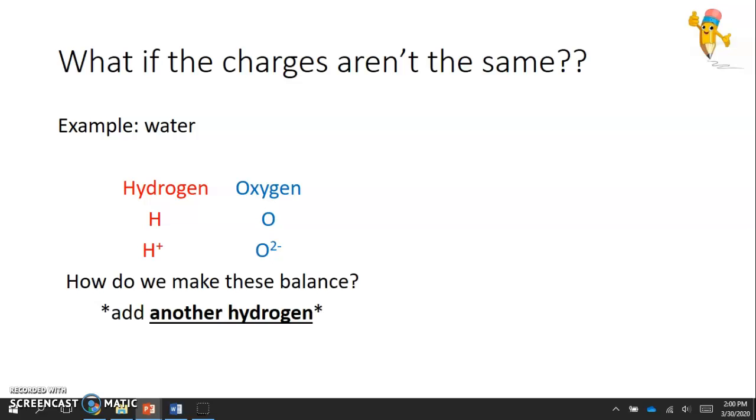So how do we balance them? We have to add another hydrogen, okay? Because 2 hydrogens that are both donating an electron would be 2+, okay? So if we've got 2 hydrogens that are going to form an ionic bond with oxygen, what we'll get is H2O.